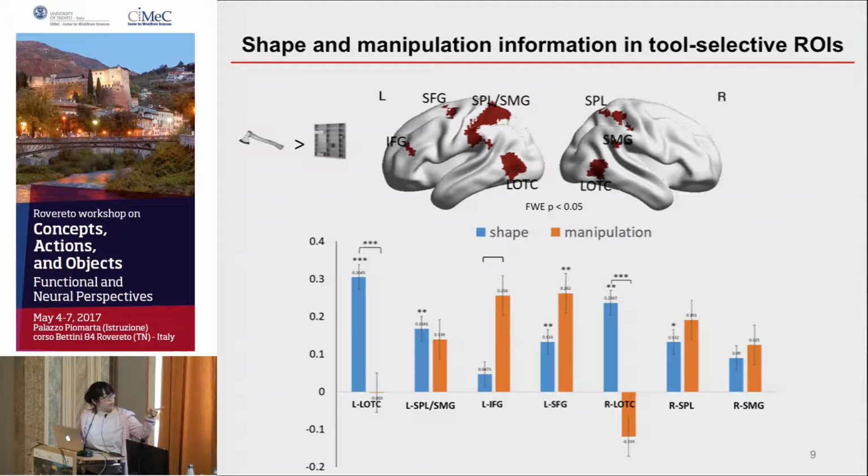The left inferior frontal regions, as well as the left superior frontal and precentral regions, showed a trend of manipulation specificity, but it did not reach significance. For other regions, these two properties are more comparable to each other.